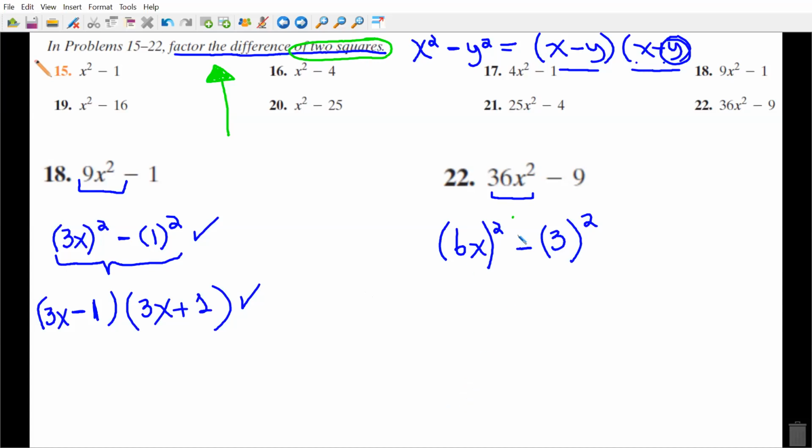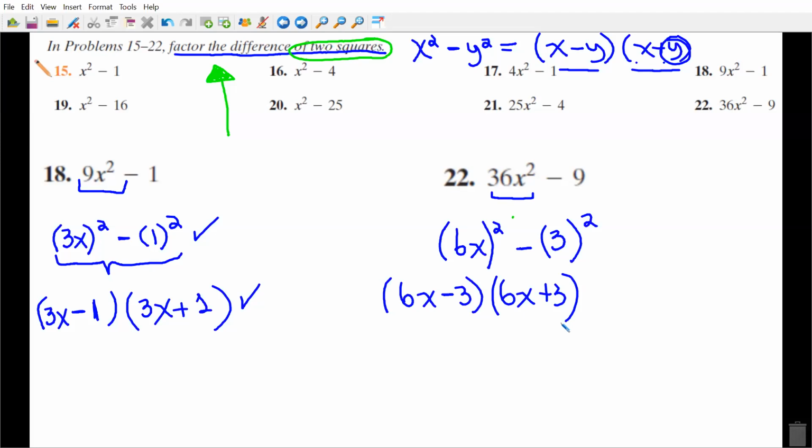Now, if I follow the same idea, I am going to write 6x minus 3, a minus b, x minus y, first term minus second term, times, parentheses, 6x plus 3. Very good, Ms. Morales. Any questions? That is distributive property, right?